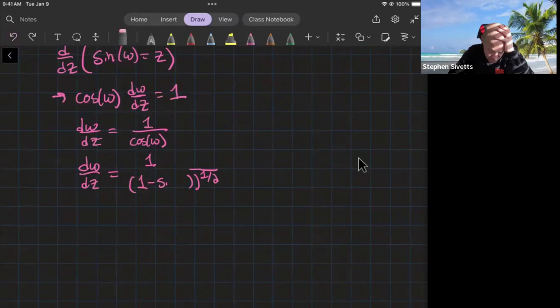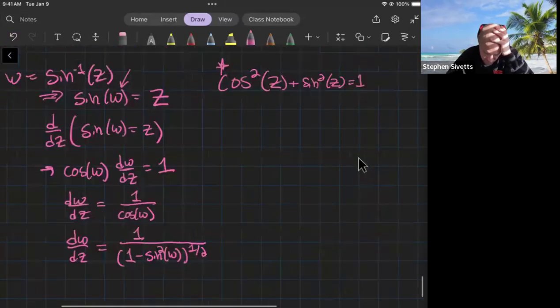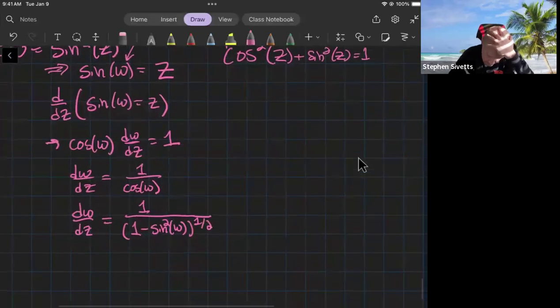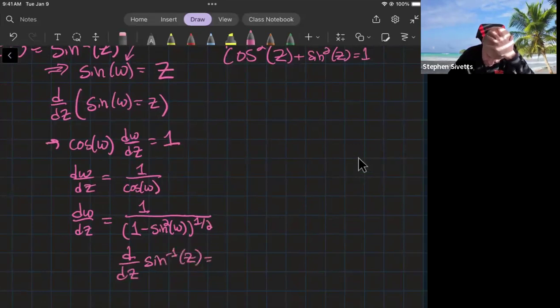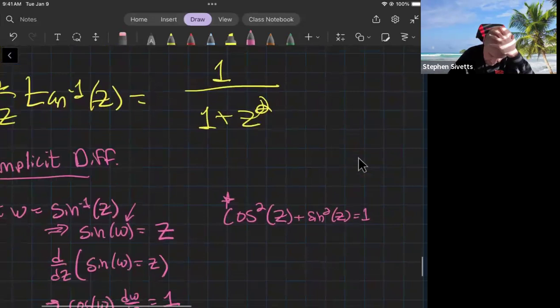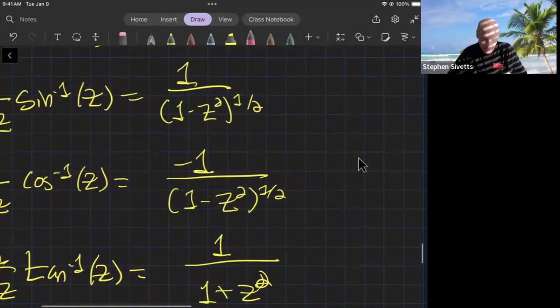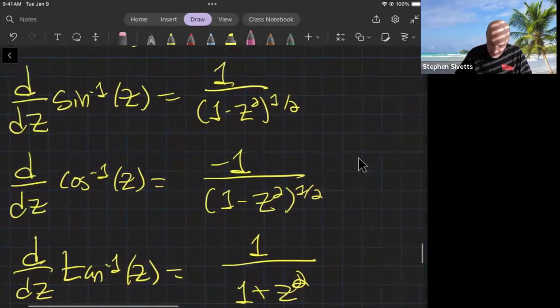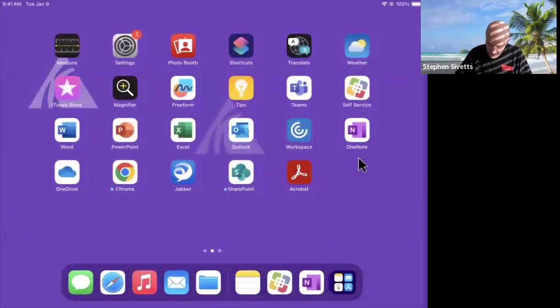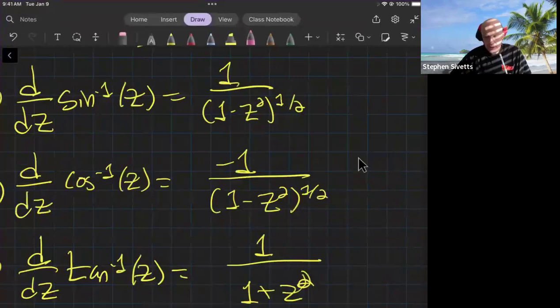So d/dz of inverse sine of z equals 1 over (1 minus z squared) to the 1/2 power. So that's how we would get that as the derivative.